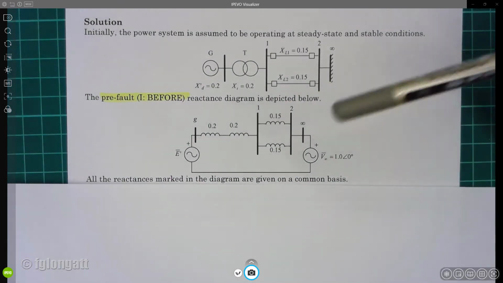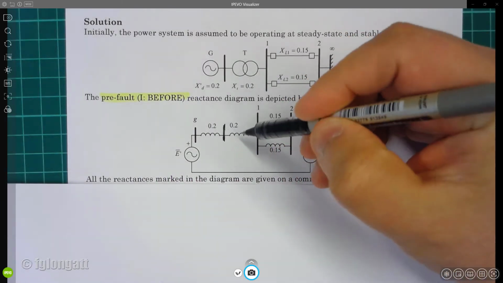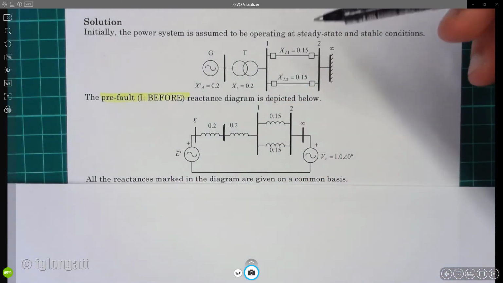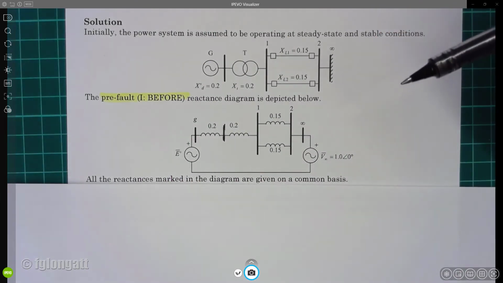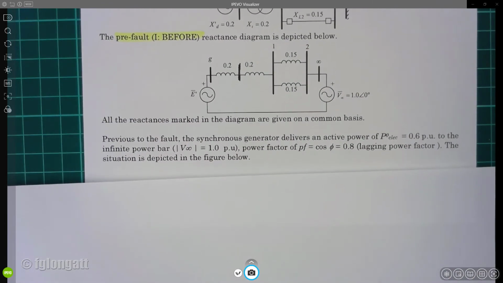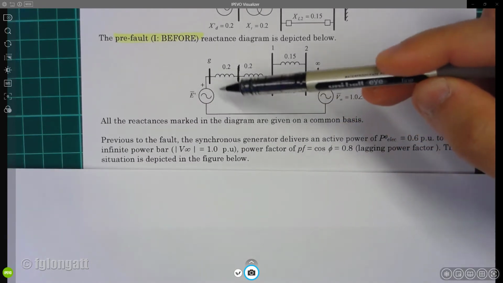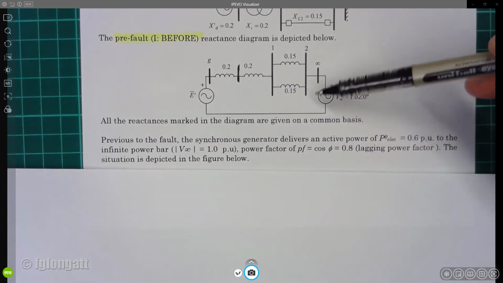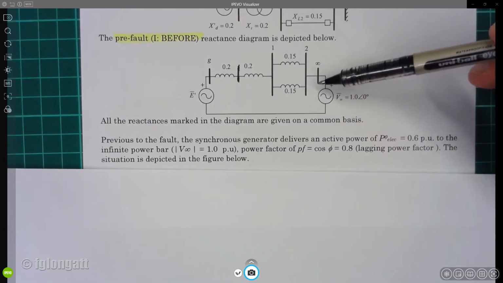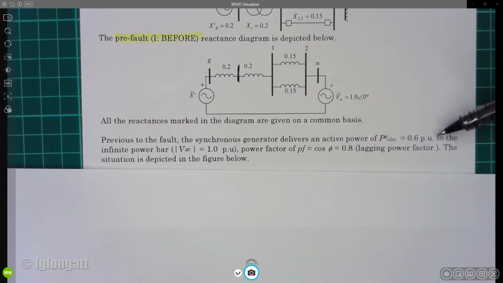We have here the transformer, we have here the transient reactance, two transmission lines in parallel, and we are going to the infinite bus bar. Previous to any fault, this generator is delivering power to this infinite bus bar, and the active power that we are delivering is 0.6, coming from the problem statement.